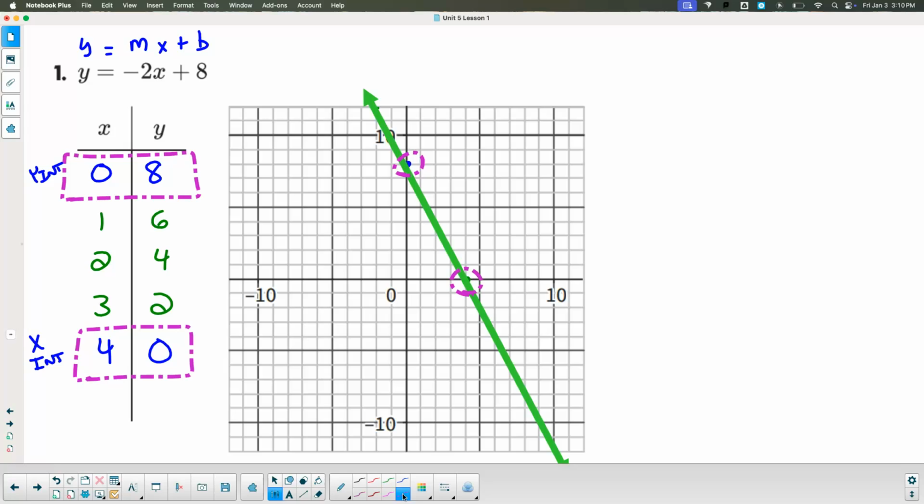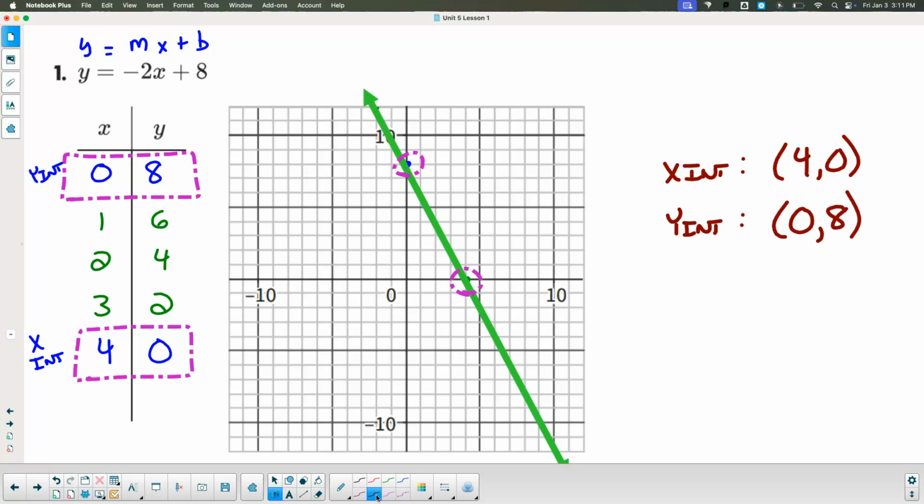Those are our x and y intercepts. And we can always say the x-intercept is 4, 0. And the y-intercept is 0, 8. Okay? Both ways of doing that.